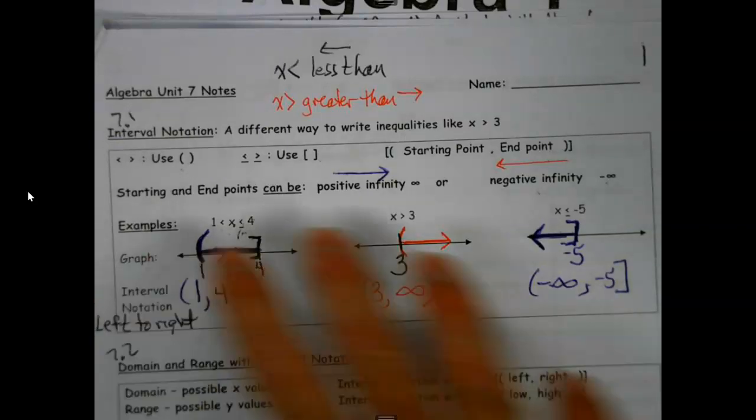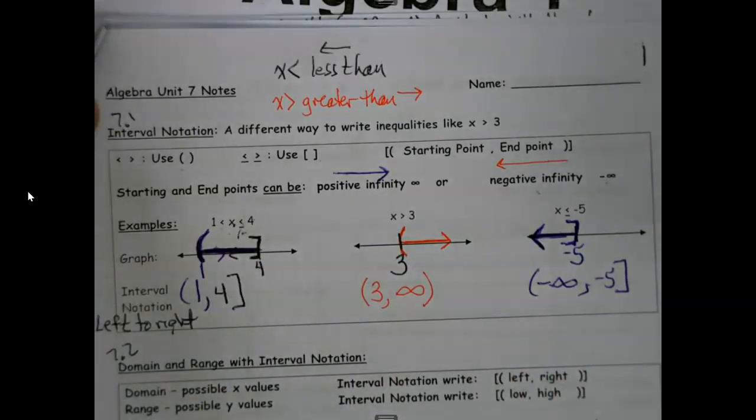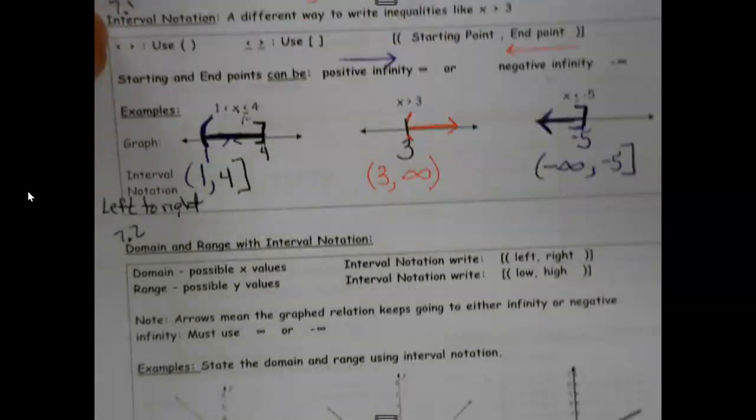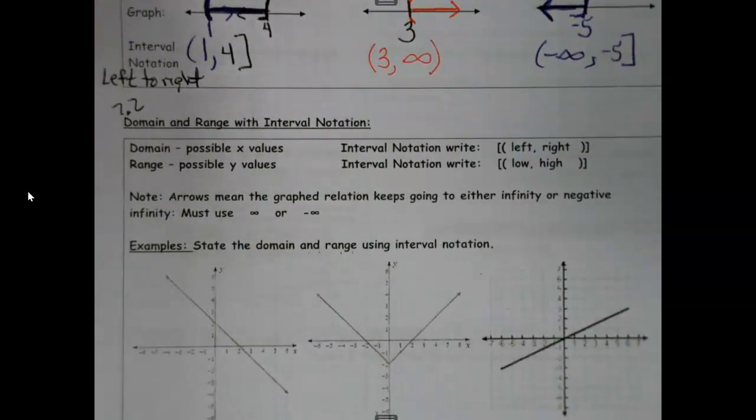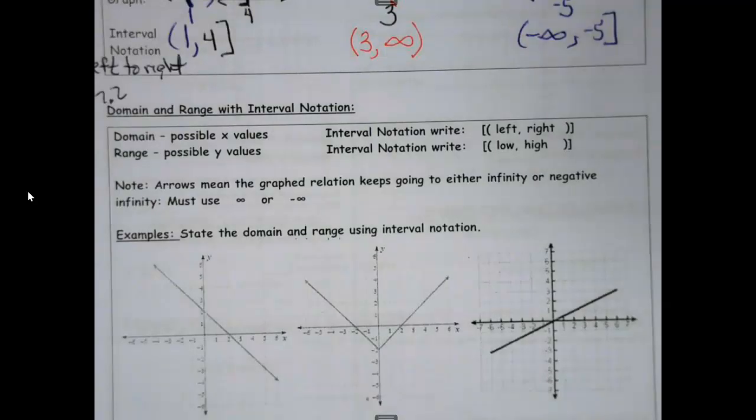We're doing the line graphs up here with interval notation. But that's also going to go with this spot down below. This is why I like to do these two lessons together. Domain and range with interval notation, okay? Domain is your x values.